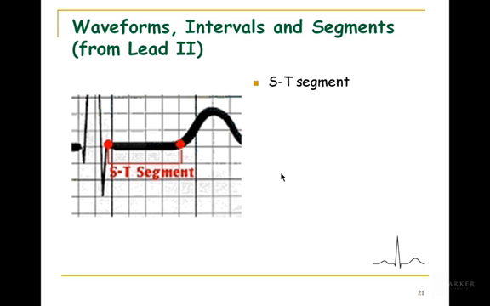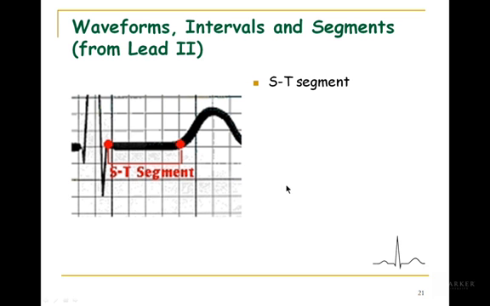It should be isoelectric, or zero potential, but you're allowed, it may be a box above or below this J point. Okay, so you're allowed a millimeter, or we can say it can be up to 0.1 millivolts or minus 0.1 millivolts and still be considered okay.